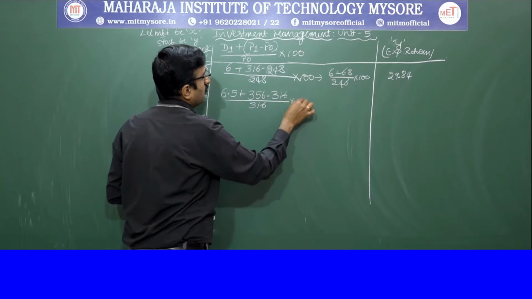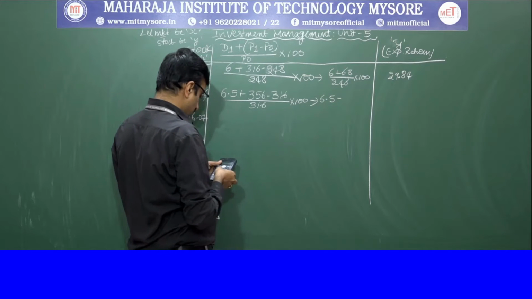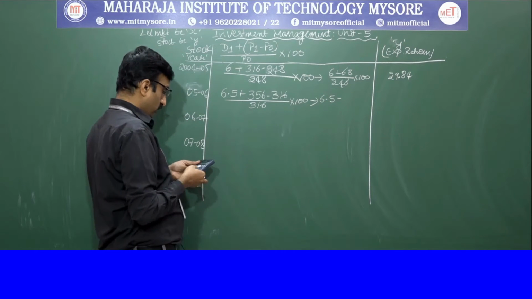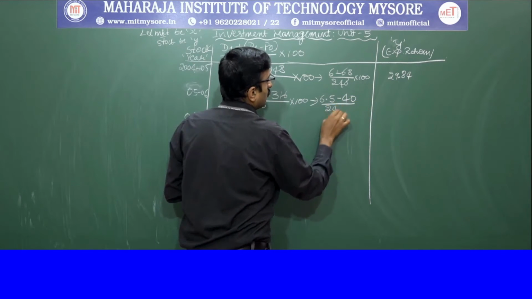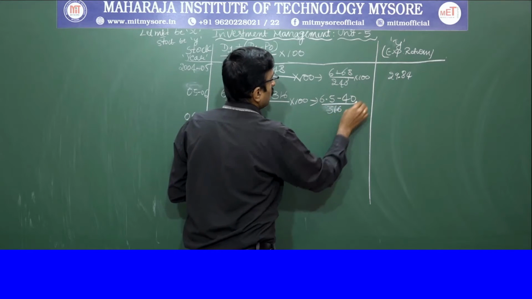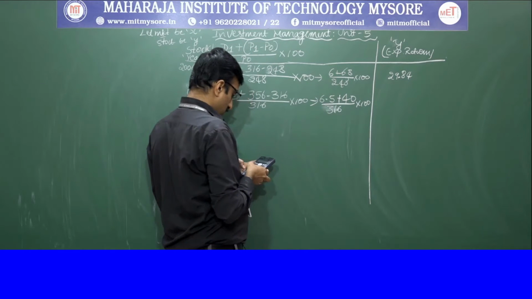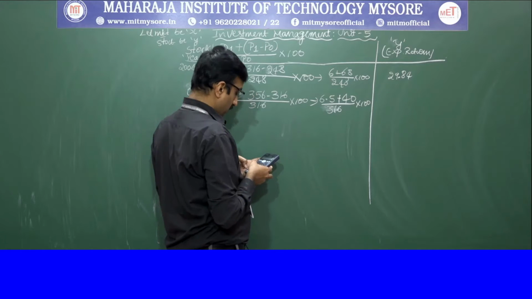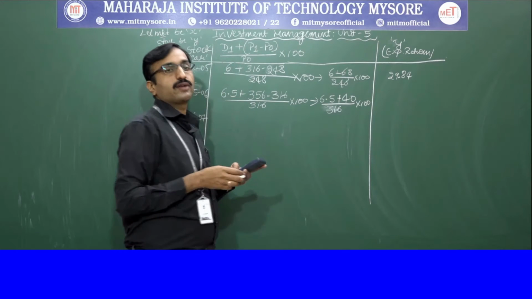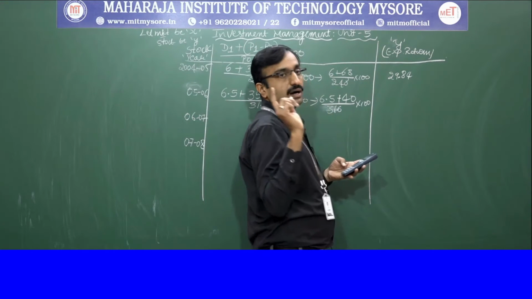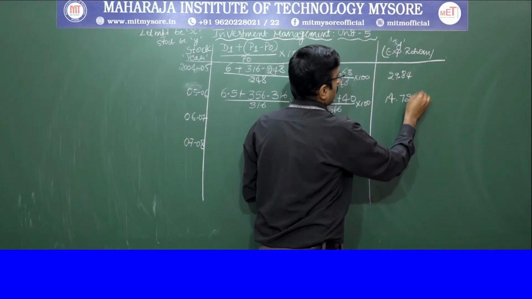So 6.5 plus 356 minus 316, which is 40, gives 46.5 divided by 316, whole into 100. If you do, you will get approximately 14.72%.